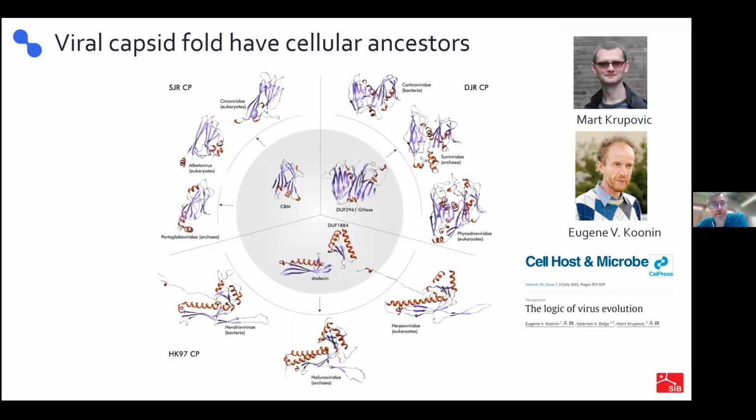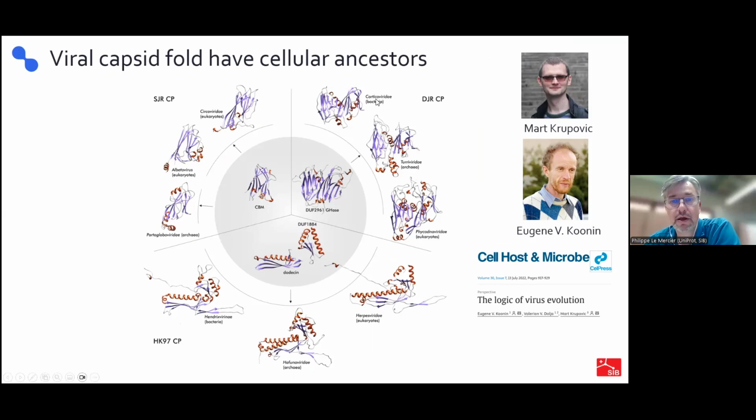So I told you the viral capsids have a cellular ancestor. It was shown by Mart Krupovic and Eugene Koonin, who are really making huge advances in this field. Very nice studies they're making. So we have, for example, what we call the single jelly roll, which makes, for example, the capsid of picornavirus.